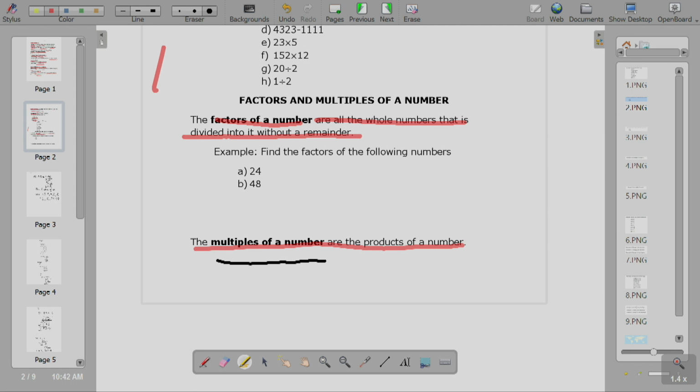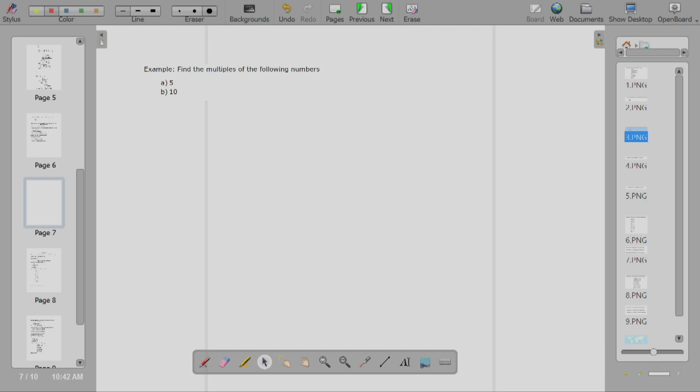Example. Let's do one example concerning finding the multiples of a number. We are required to find the multiples of these two numbers, which are 5 and 10. Let's start with Roman A, the multiples of number 5.